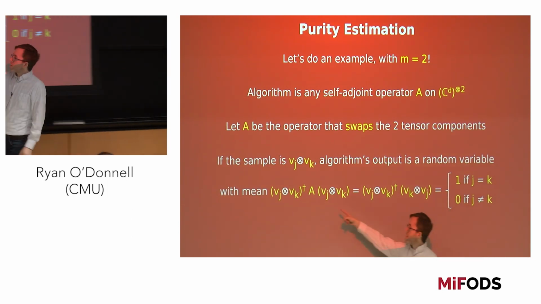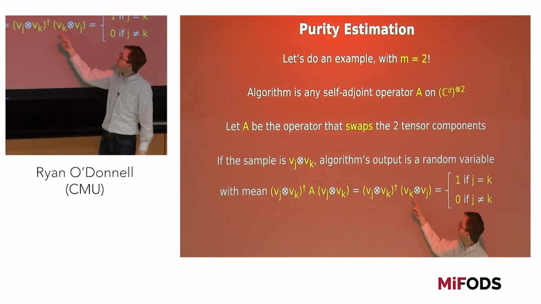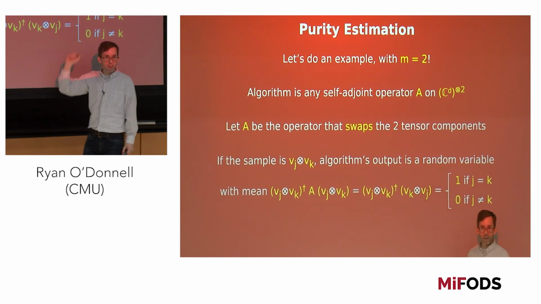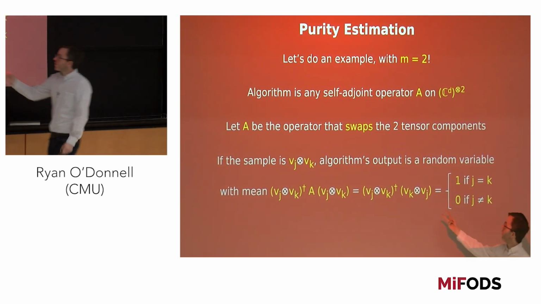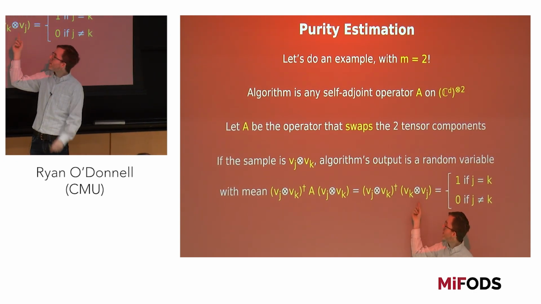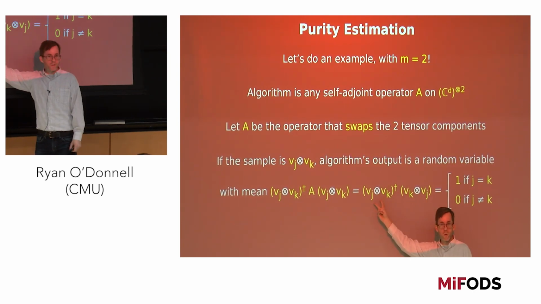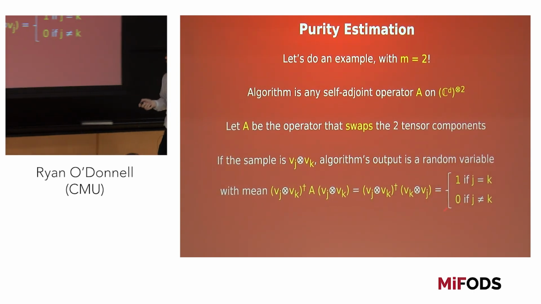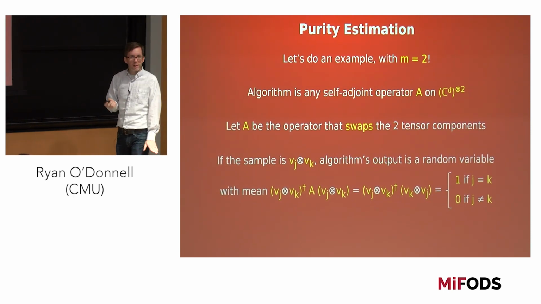And what does A do? It swaps the tensor components. So that equals v_j tensor v_k, dagger, v_k tensor v_j. OK? And these are unit vectors in the tensor space. And this inner product is either 0 or 1, depending on whether this whole thing equals this whole thing. And so you see it's 1 if j equals k, or 0 if j does not equal k.